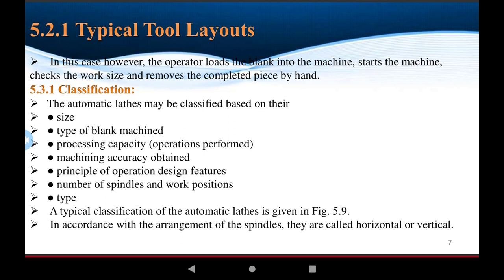The machines are also used for the accuracy and finishing of the surface. Then there is the principle of operation, design features, and the classification of lathe machines.